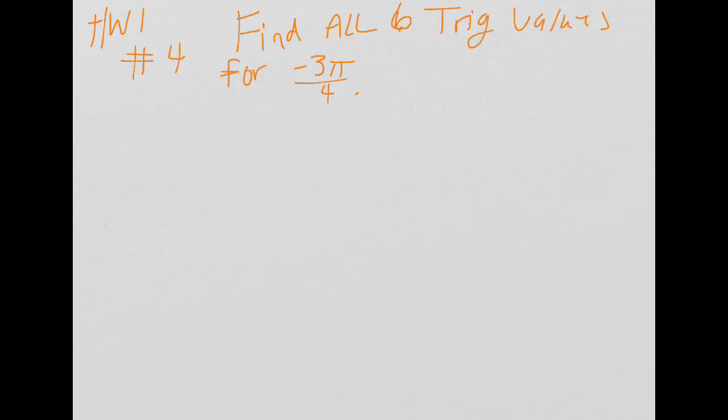So the first thing we have to figure out is what angle we're talking about on the unit circle. Instead of going forward on the unit circle, we're going backwards. So what's positive 3 pi over 4?